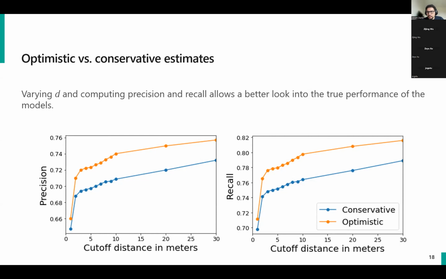And you can see that there's this sort of big jump when you have less than 5 meters. So if you wanted to understand the true performance of the model, you might select a value of D that's around here, and that would be a reasonable choice.